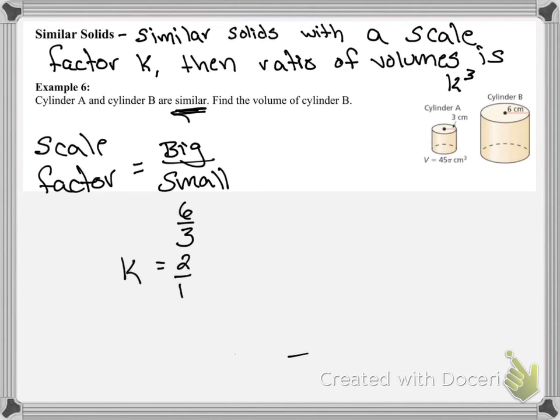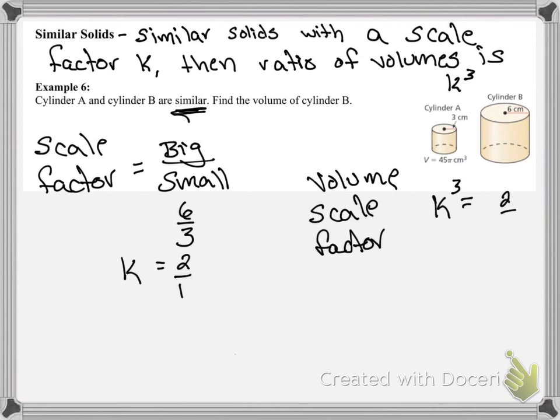So that's our scale factor, k. Then the scale factor of their volumes from one to the other would have to be k cubed, which is 2 over 1 cubed. 2 cubed is 8, so 8 over 1.